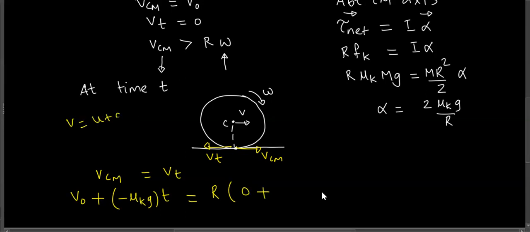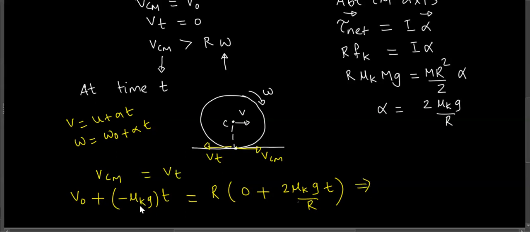And the right hand side in the bracket, I'm using omega is equal to initial omega naught plus alpha t. Alpha is 2 mu kg by r into t. You understand this? Now here, I hope you understand this minus sign, why I have put minus here on the left hand side for acceleration.